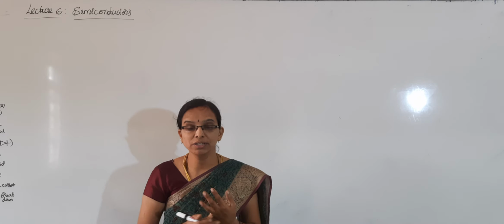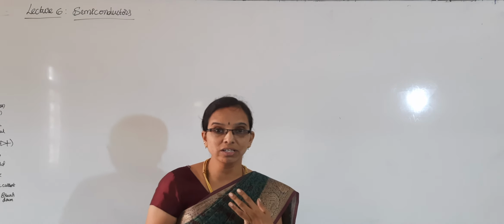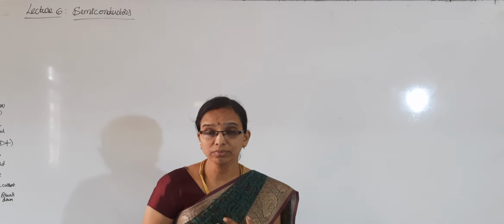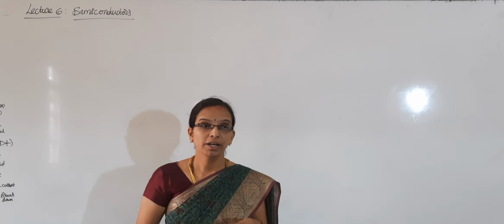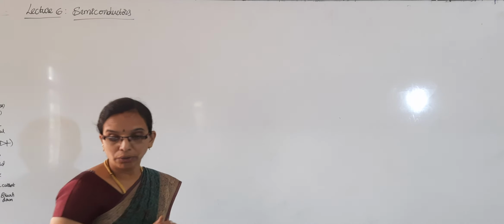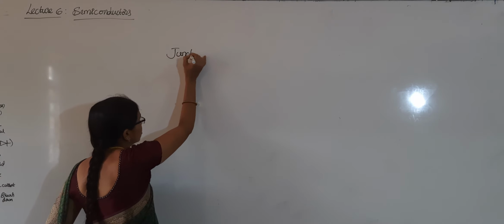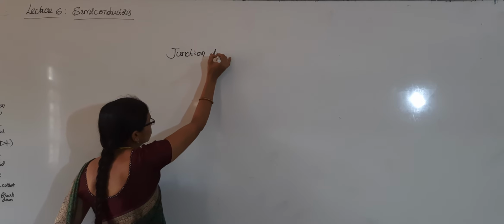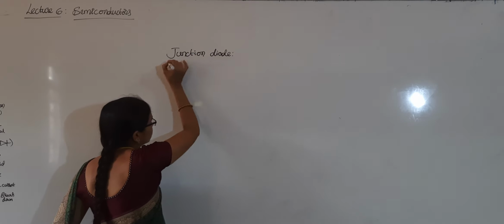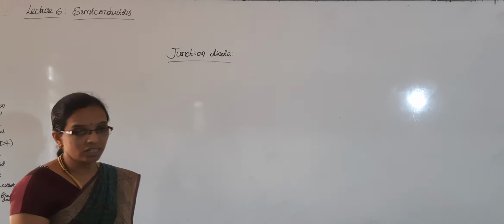In the PN junction, you have studied the depletion region as well as the potential value. Now we are going to junction diode. We are going to study junction diode.